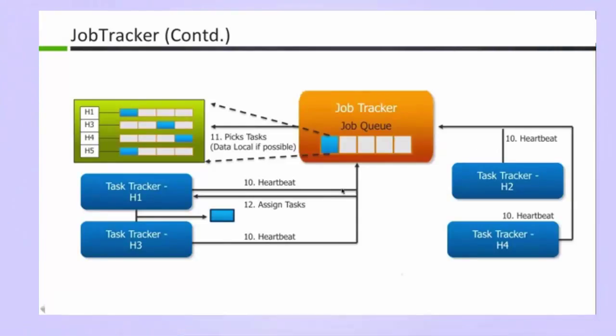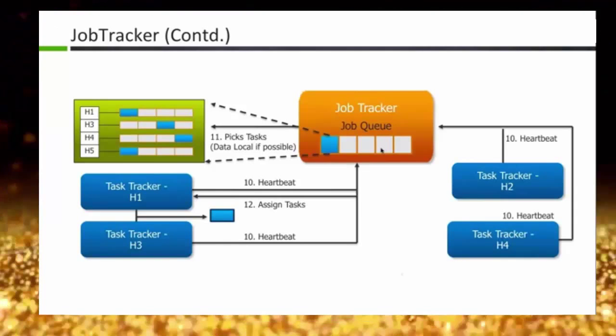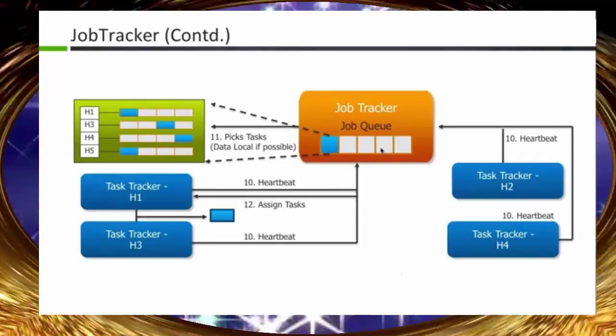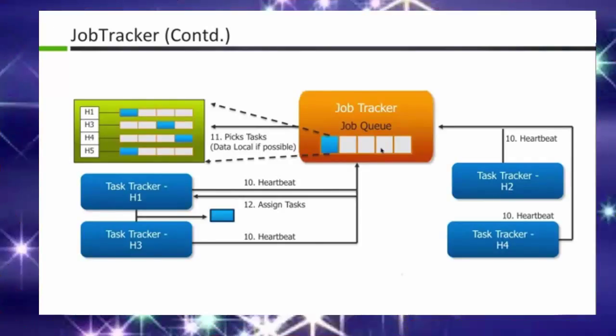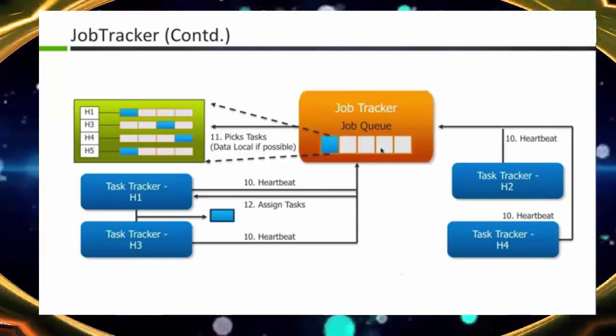So how does the job tracker come to know that the task is really running? It keeps on sending a heartbeat, and if it gets a heartbeat back, it knows that it is running. Like the way I keep asking you, is it clear to everyone? The job tracker sends heartbeat to task tracker. The job tracker will always be talking to the task tracker. Data node is the node on which the task tracker will be running.